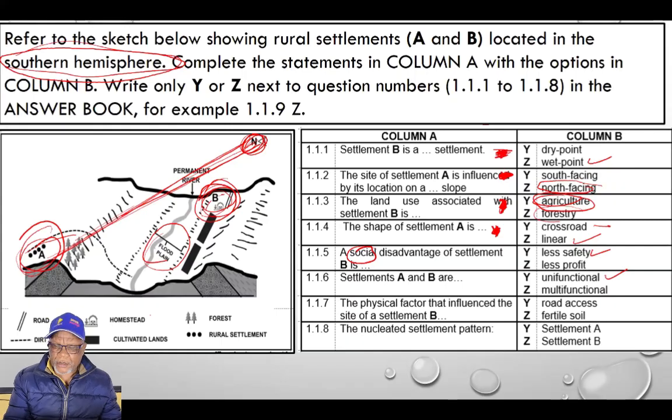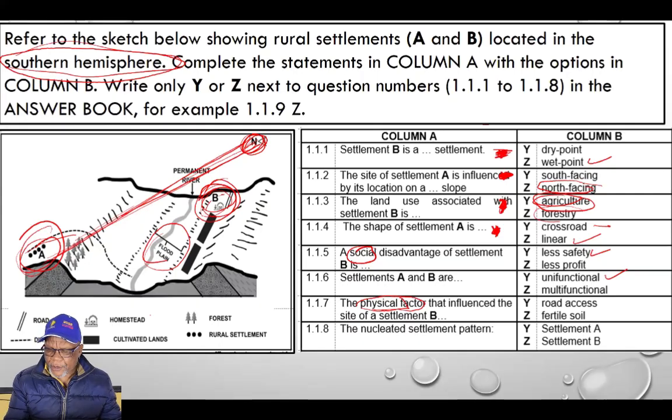The physical factor that influenced the site of settlement B cannot be road access because road access is not a physical factor. Remember, when you're speaking of physical factors, we're talking about natural factors.